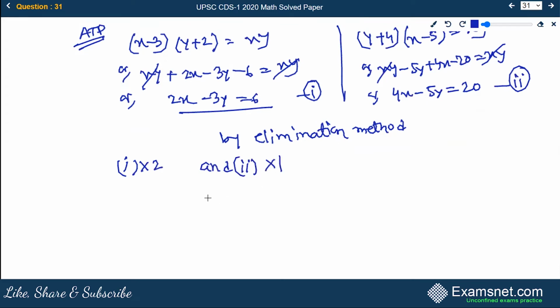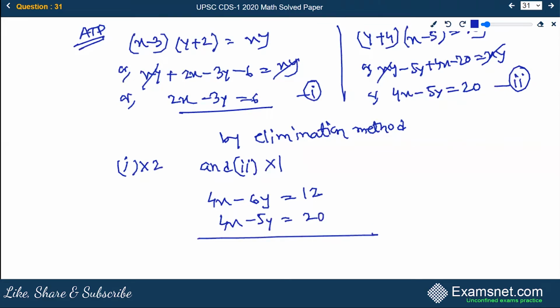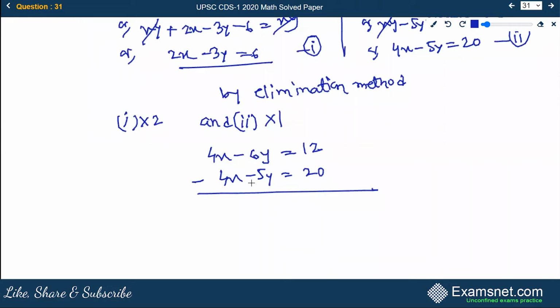So it becomes 4x minus 6y equals 12, and 4x minus 5y equals 20. Now doing the subtraction, we get minus y equals minus 8, where y equals 8.